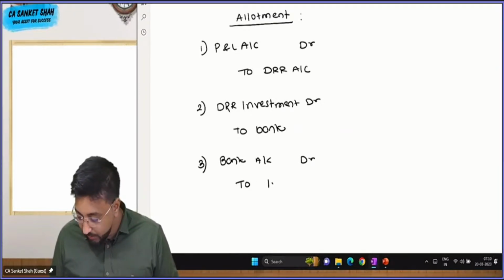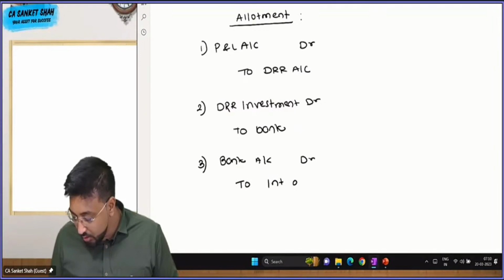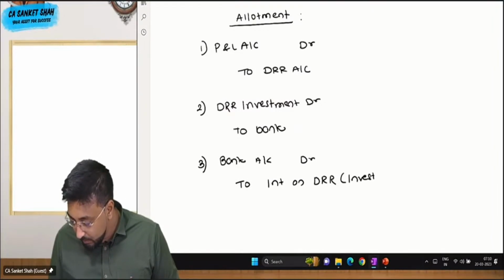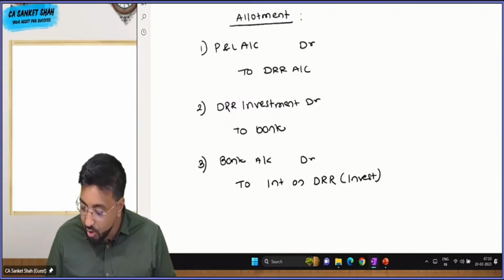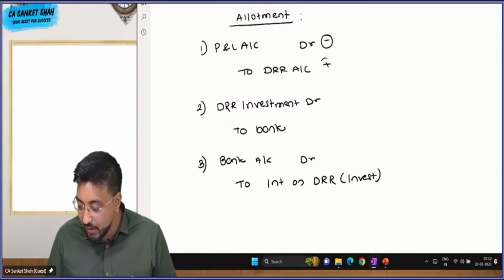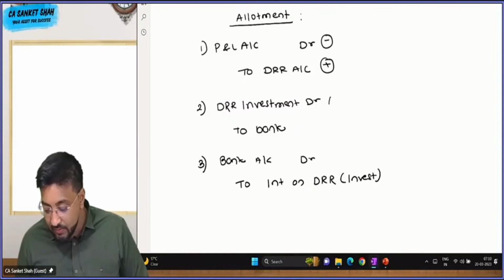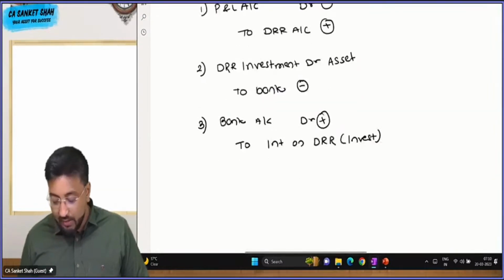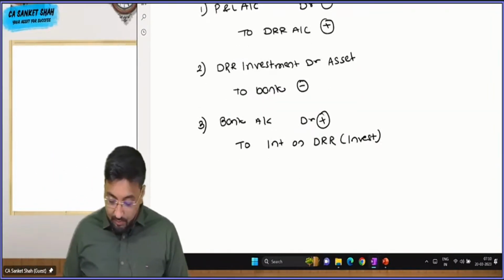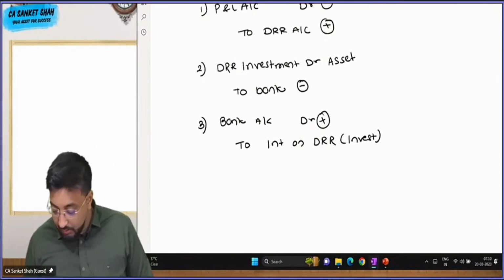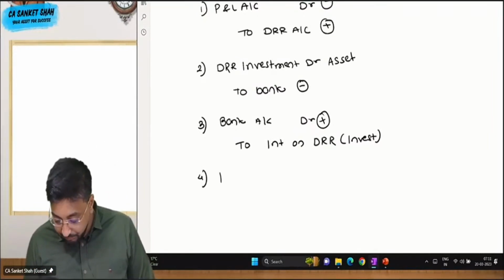Vignesh, wrong entry beta. Interest on DRR investment. What is the logic beta? Profit and loss will get reduced, so debit balance DRR will get increased. DRR investment is our asset, cash goes out, cash balance will go out. Bank account beta, where bank balance is increasing, so bank account debit, and to interest on investment.